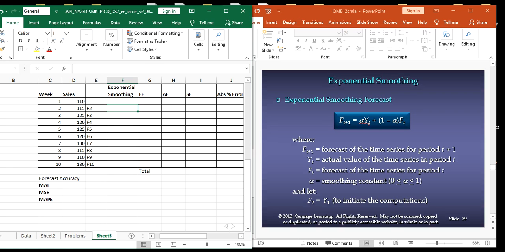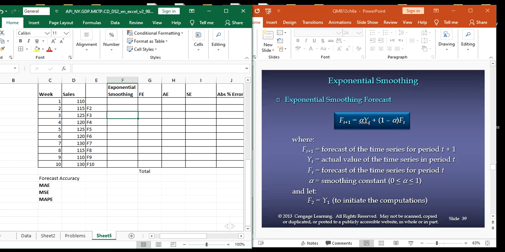It's the actual value. Then plus 1 minus alpha times F t. Alpha can be any value between 0 and 1; it's a weight over here.